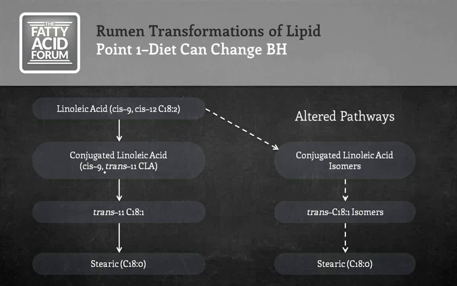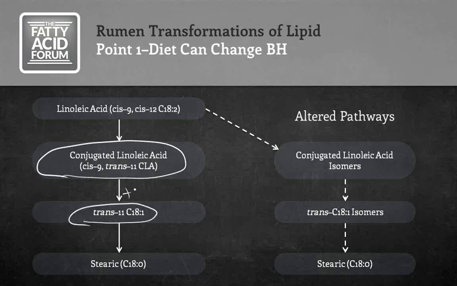Now, there are two important points that I wanted to make about biohydrogenation. The first point is, while cis-9 trans-11 may be the most common typically, leading to trans-11 when hydrogen is added, changing the diet of the animal can change the pathways of biohydrogenation and lead to different CLAs produced.